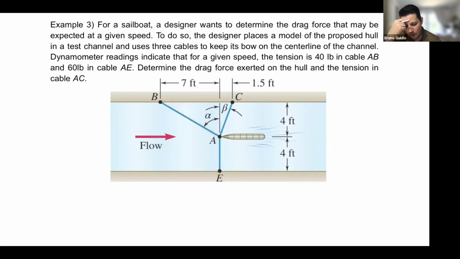We need to find the drag force and the tension in cable AC. So this is unknown, and what is also unknown is this drag force here. That's what it's talking about. Can we call it force FD? So we actually have four forces: AE, AB, AC, FD, acting on this particle.